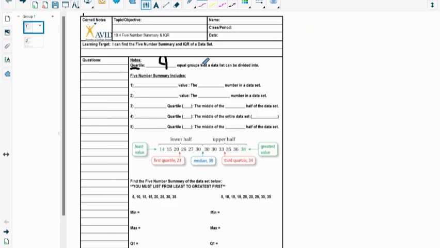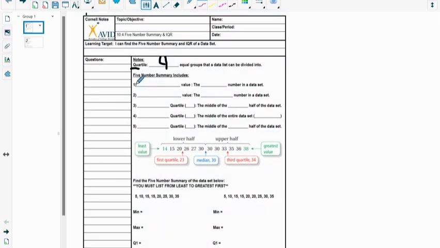Now, the reason why there are 5 numbers is because it's including the minimum value, so the smallest value, and the larger value. So the minimum value, that's the smallest number in the data set.